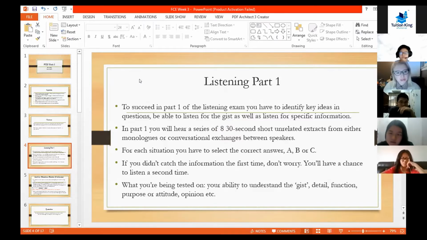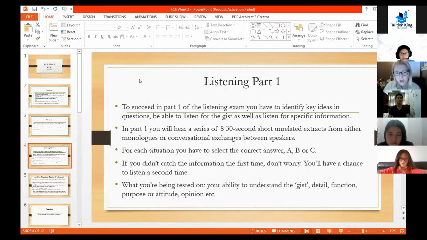And you'll also be expected to listen for the gist, so the gist as well as the specific information. So the gist just means the general information, but you should also be listening for specific information as well.